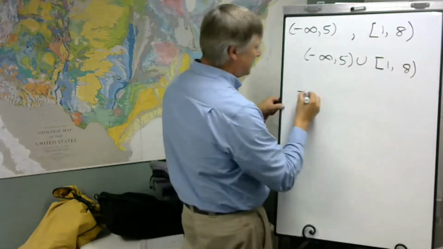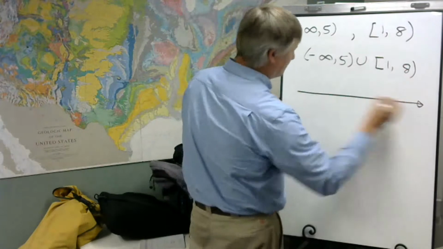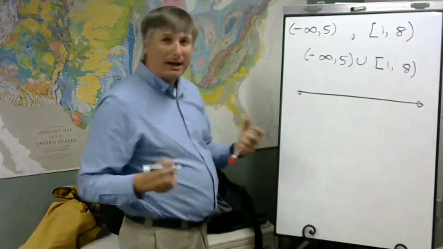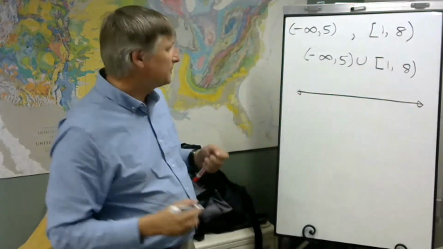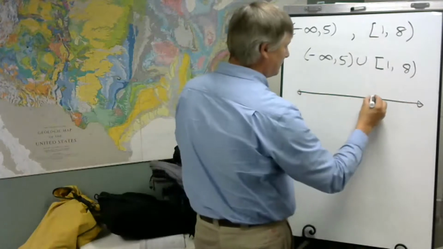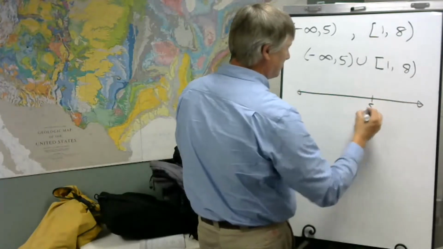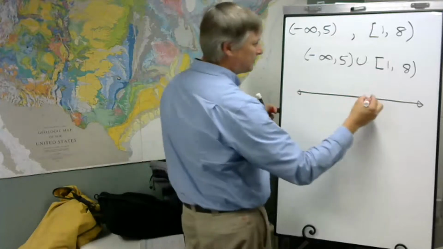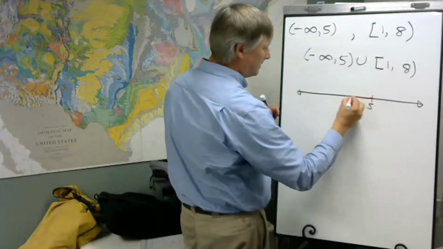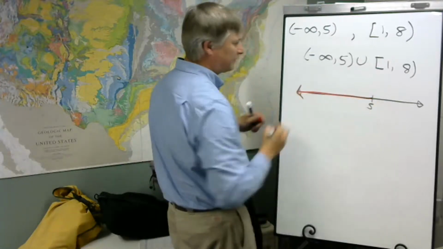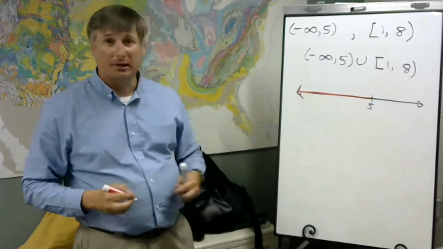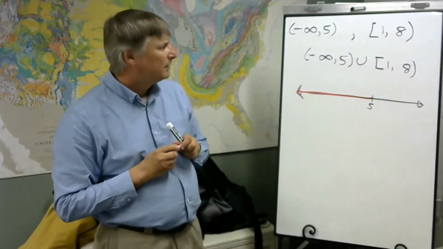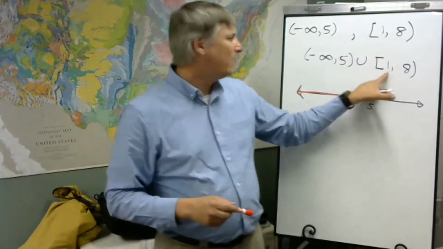So if we think about the union, we're combining these sets. So the first set, we have 5, and it's just going to be all the numbers on down here. So that's what this one looks like. Now for the second set, it's 1 to 8.